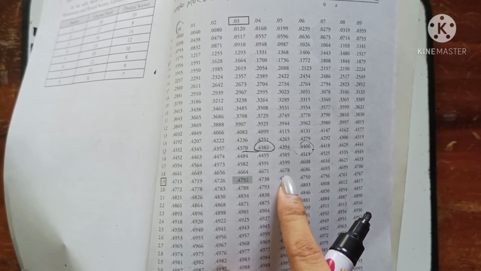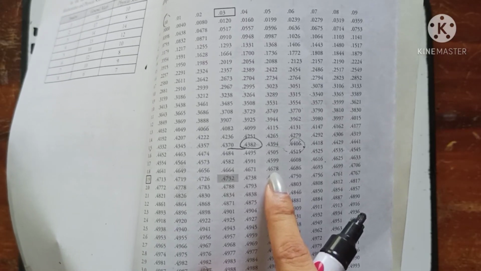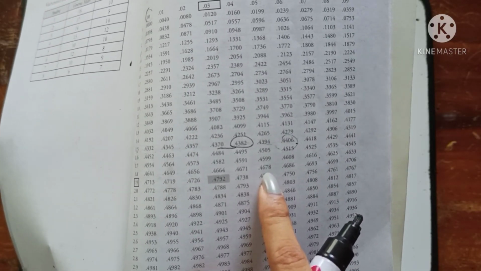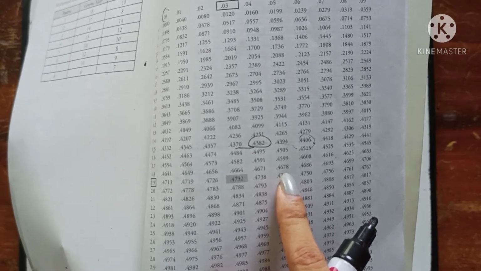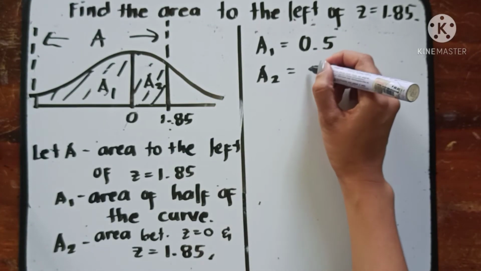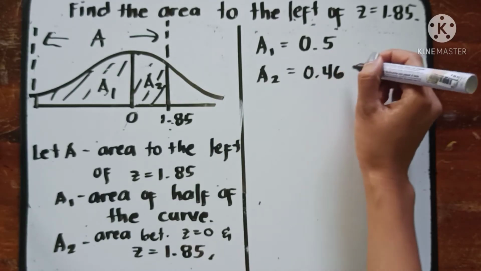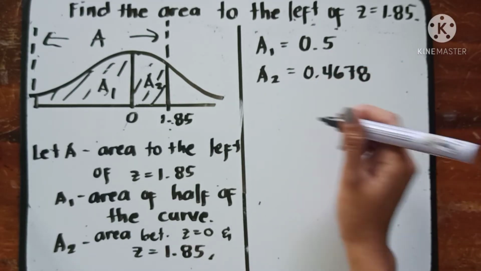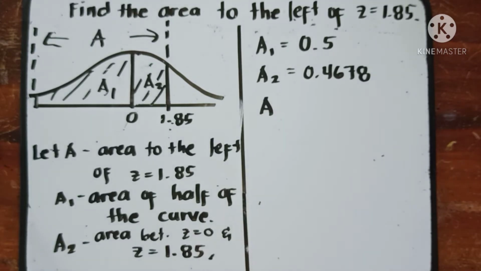Hinahanap natin is 1.85 and equivalent nun is 0.4678. So, yun yung value ng a sub 2 natin, 0.4678.